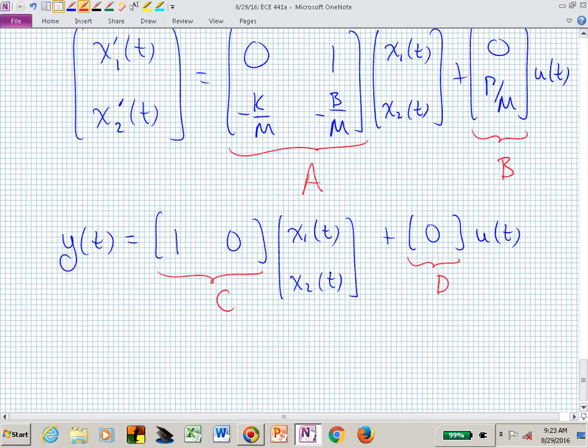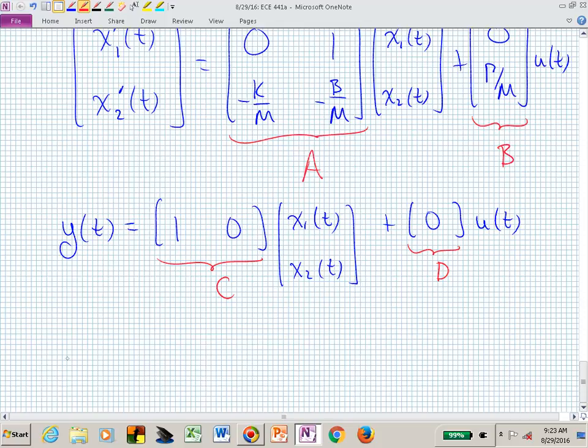And if we wanted to write this in a more compact form, you could say the state space representation is x prime equal A x of t plus B u of t. Y of t is equal to C x of t plus D u of t.